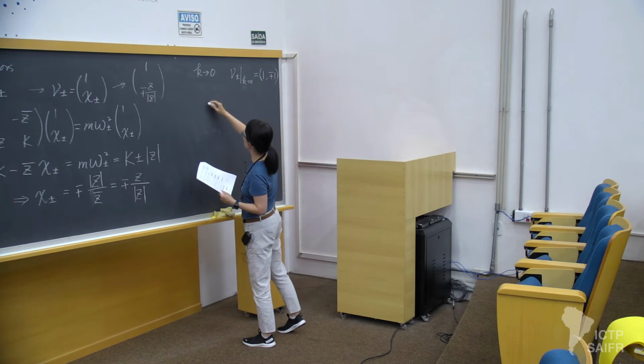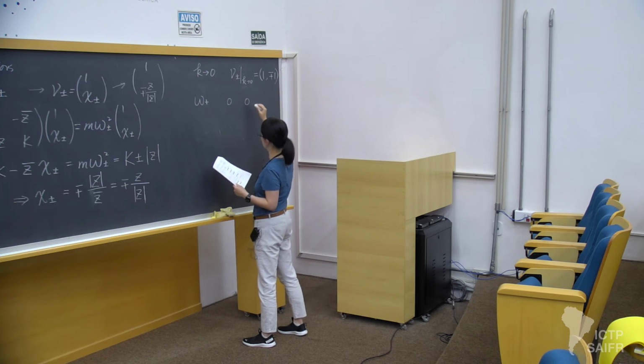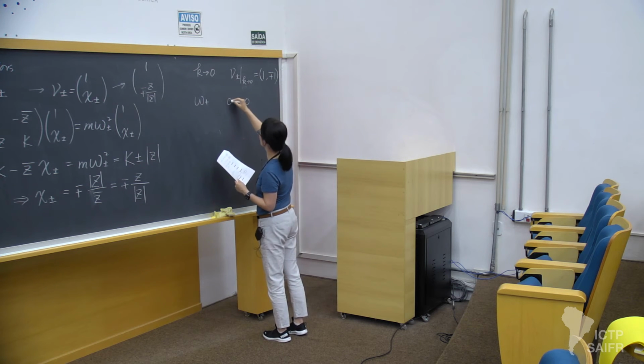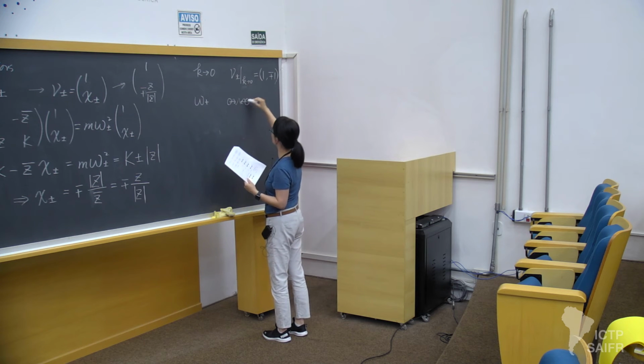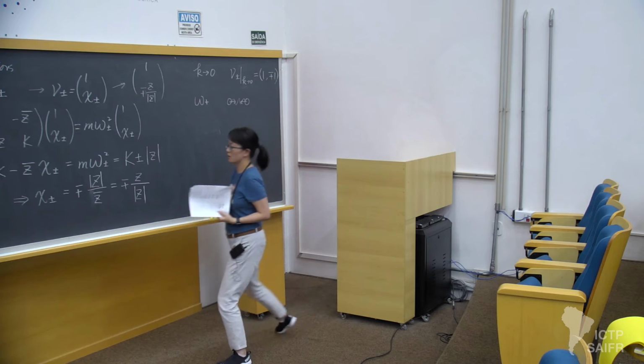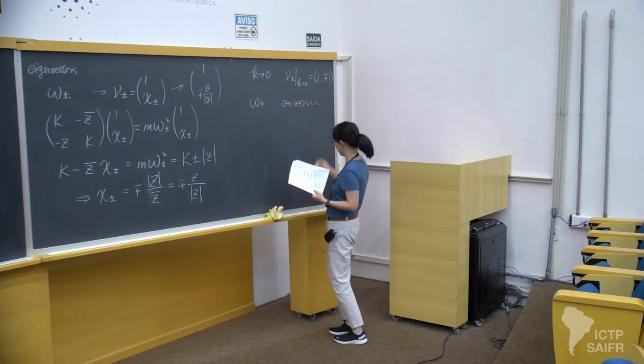So at k equal to 0, omega plus corresponds to these two moving in opposite ways. So to make it clear, this is the white spring, and this is the yellow spring.